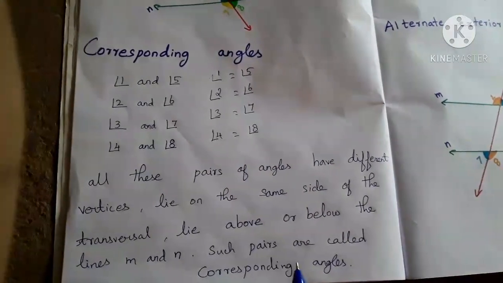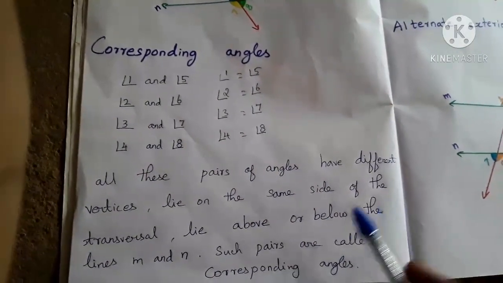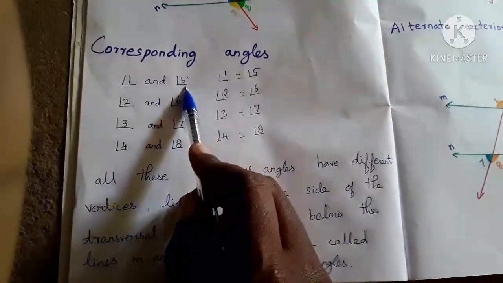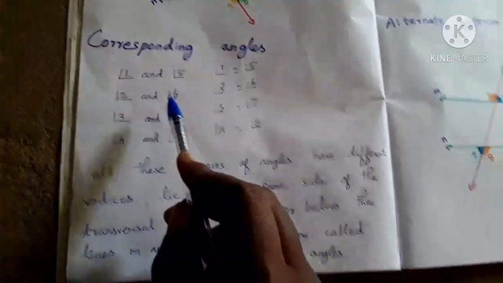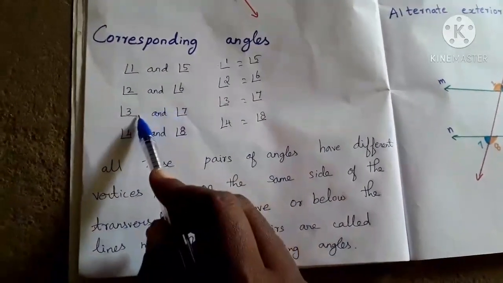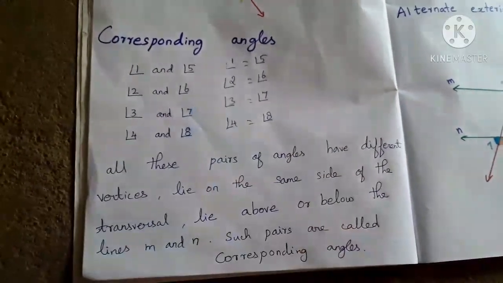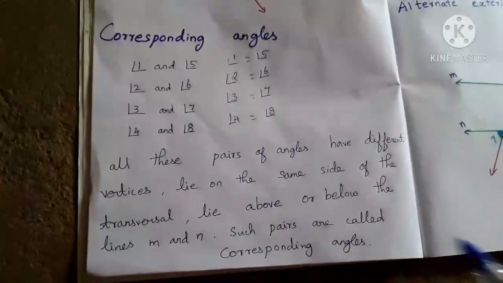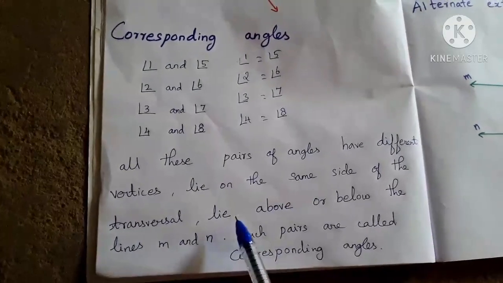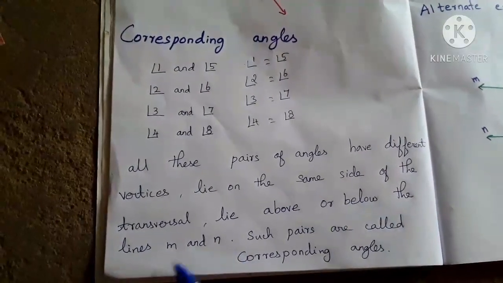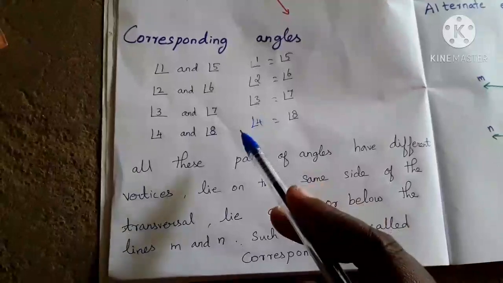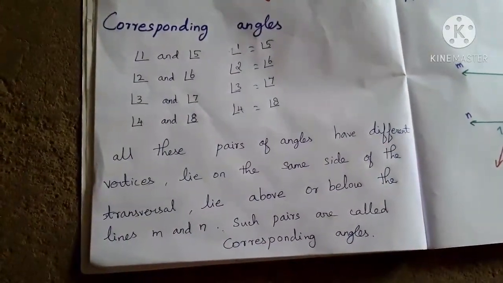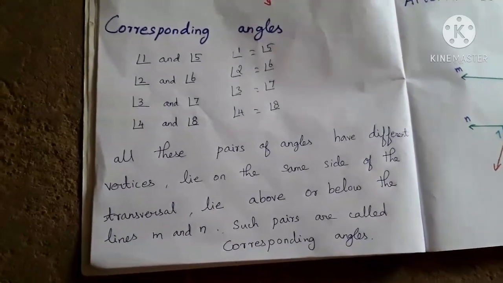Same side means either the right side or the left side. If 1 lies on the right side, 5 is also on the right side. 2 is on the left side, 6 is also on the left side. Angle 3 is on the right side, angle 7 is also on the right, like that. They lie on the same side of the transversal and above or below the lines M and N. Such pairs are called corresponding angles.